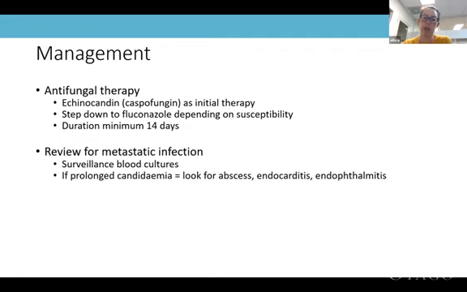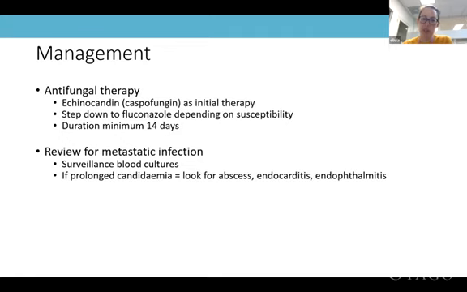If it's still growing, that is a trigger for you to go on and do more investigations. Whereas if it stops growing, you know that you've probably sorted the source and you don't need to worry so much about looking for these other complications. So if you do have a prolonged candidemia, you want to start looking for abscesses in deep-seated spaces.